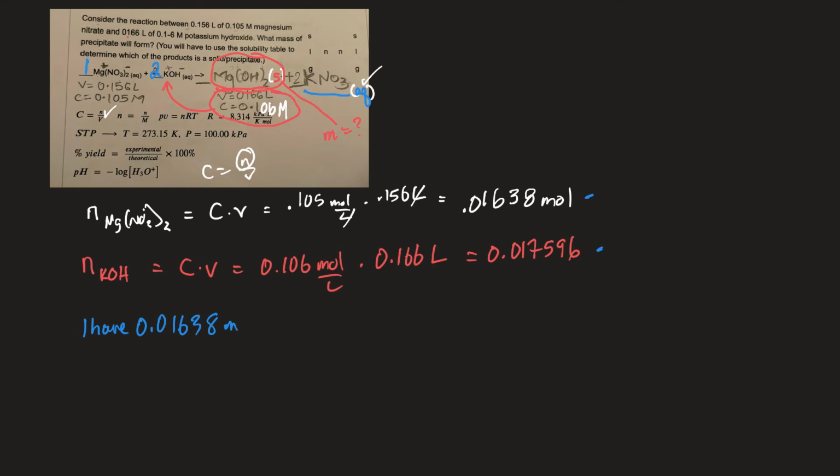So I have 0.01638 moles of magnesium nitrate. Okay, and if I multiply by the mole ratio, so 2 moles KOH to 1 mole magnesium nitrate, these cancel.